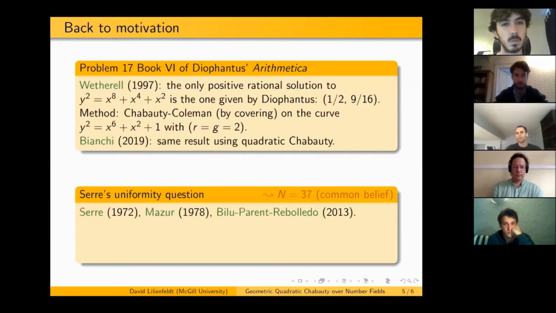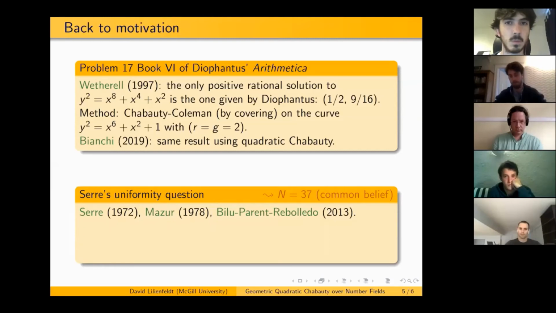Okay. So the first results came from Serre, Mazur, and Bilu-Parent-Rebolledo. Serre took care of the exceptional case, Mazur took care of the Borel subgroups, and Bilu-Parent-Rebolledo worked on the split Cartan case. So they were able to settle all cases for any prime except the prime 13.